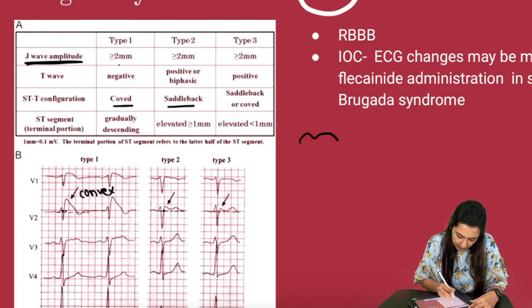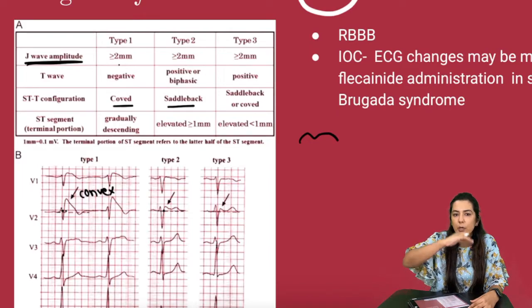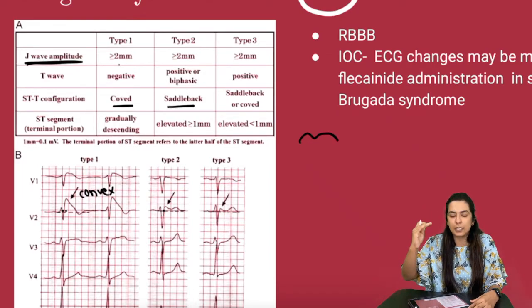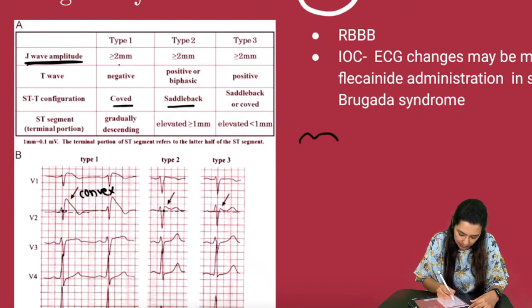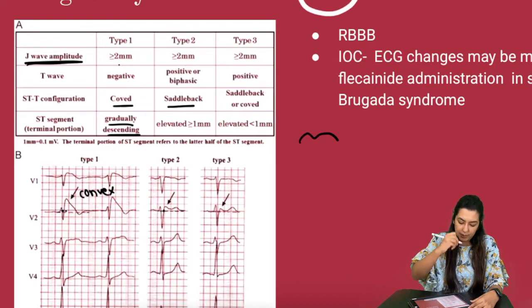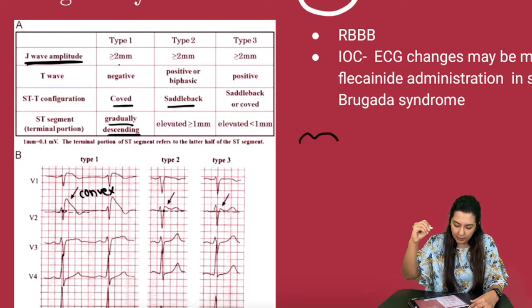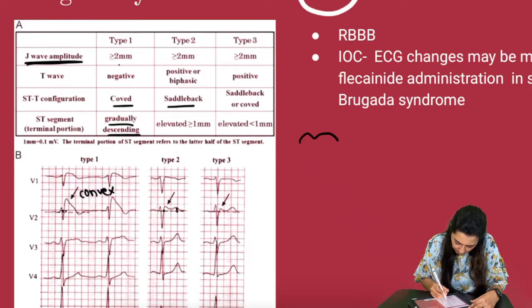Here, ST will be elevated. The J point will elevate and the end point of the ST segment will be gradually descending. This is type 1. In type 2, the ST segment will be elevated, the J point will be elevated more than 2 mm, and there will be a saddle back shape, and the last point of the ST segment will be at least more than 1 mm.